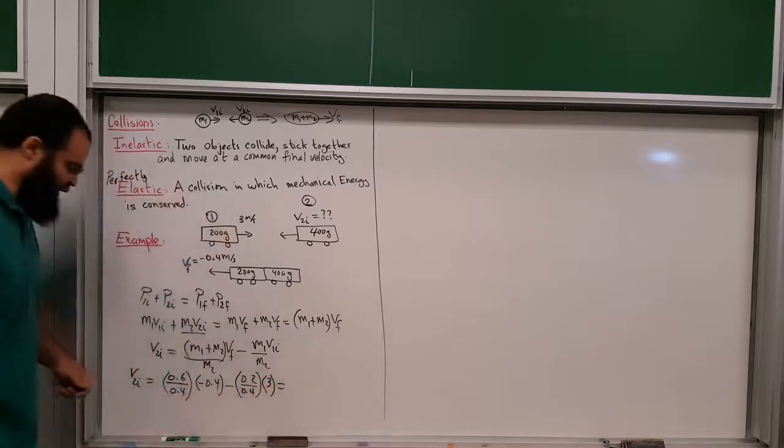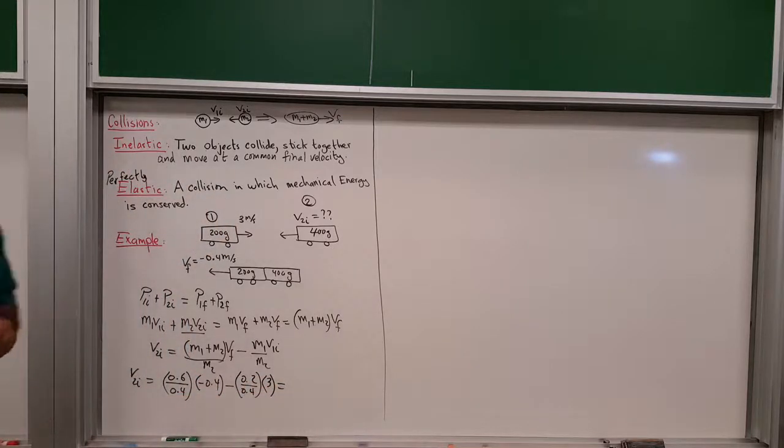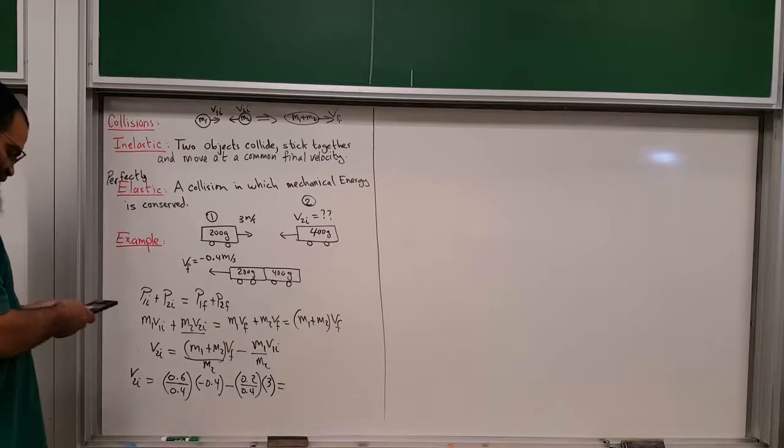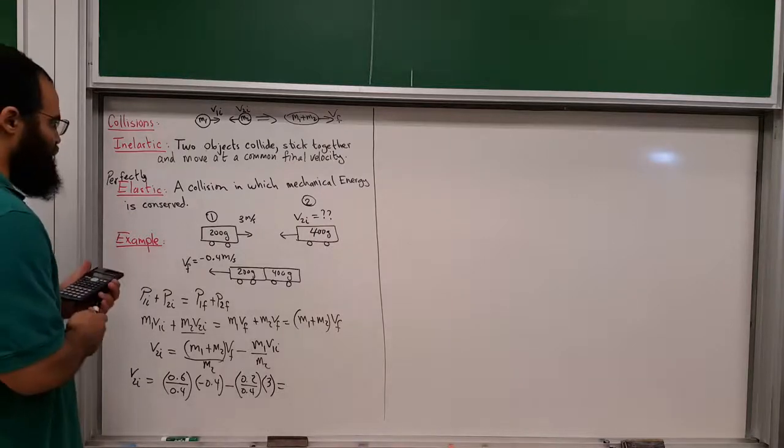We could use the calculator here, let's just use it, it's easier. So I have 0.6 over 0.4 times 0.4 plus 0.5 times 3. I got negative 2.1.